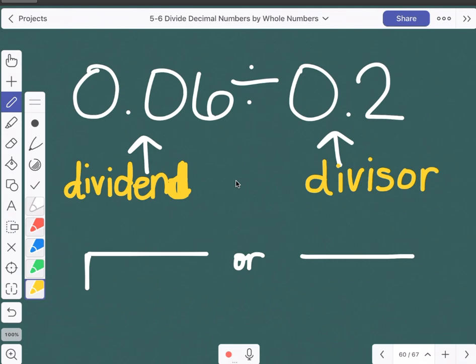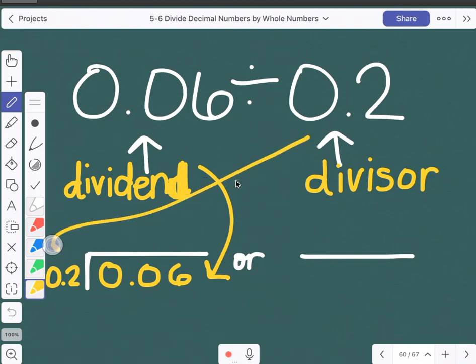Okay, so the dividend goes inside your division bracket. So that would be 0 and 6/100ths divided by 0 and 2/10ths. It would look that way. So the dividend goes inside and the divisor is outside, right? Yes.